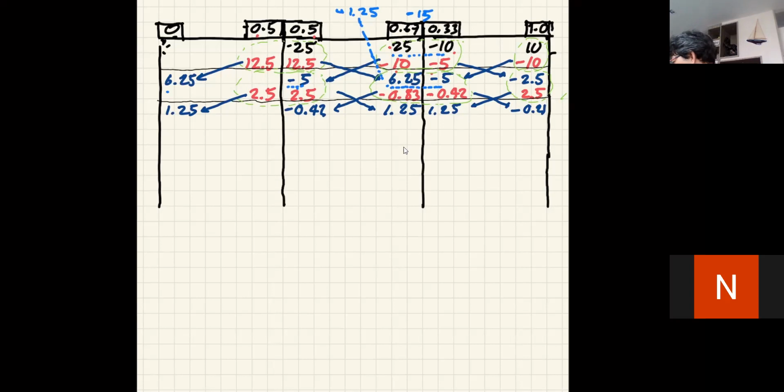So again, third cycle, we have this minus 0.42 coming in, so we need plus 0.42, so it's 0.21 here and there, and right here it's 2.5, so you need minus 2.5, 2/3 coming from member BC, so that's minus 1.67, and here is minus 0.83, and right here is business as usual, no help.